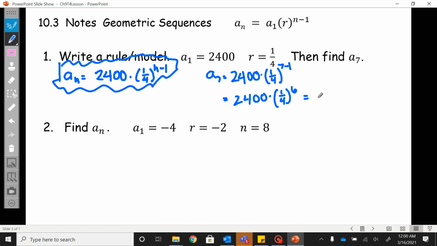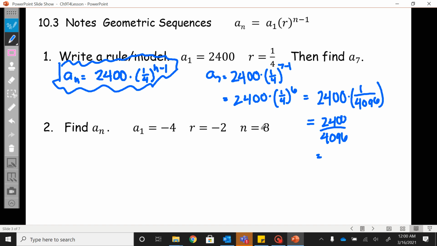and we do want to use it as a fraction. Okay, so that's 2400 times 1 over 4 to the 6th power, which is 4096. That leaves us with 2400 over 4096.